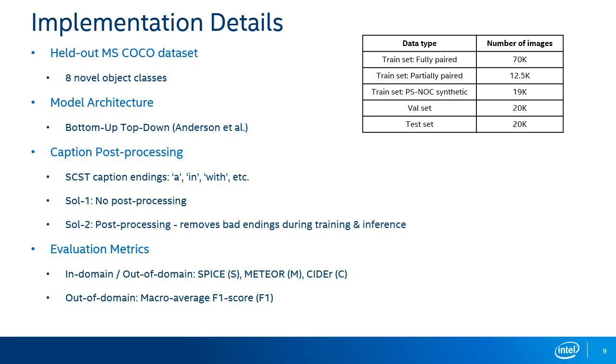We call our solution without post-processing as solution 1 and with post-processing as solution 2. We use the standard evaluation metrics SPICE, Meteor, and CIDEr on both in-domain and out-of-domain data splits. For out-of-domain split, we also calculate the macro average F1 score that evaluates novel object inclusion.